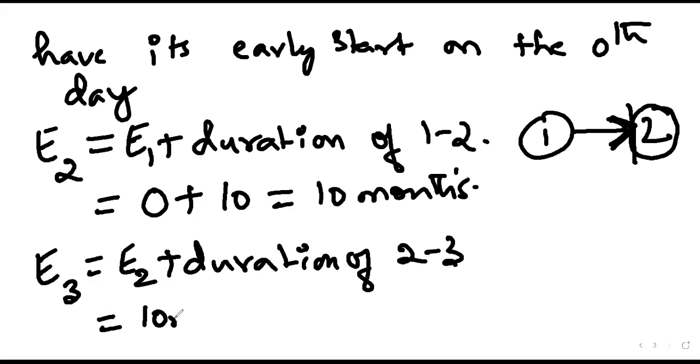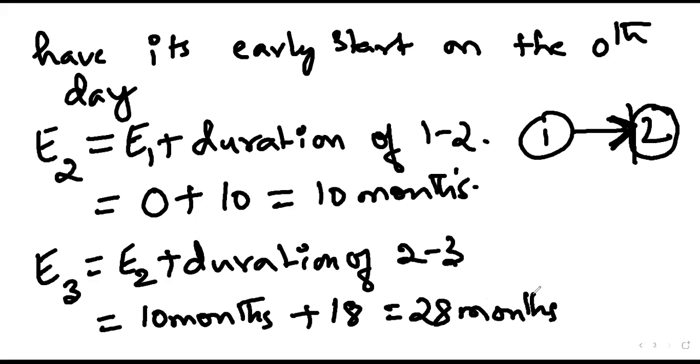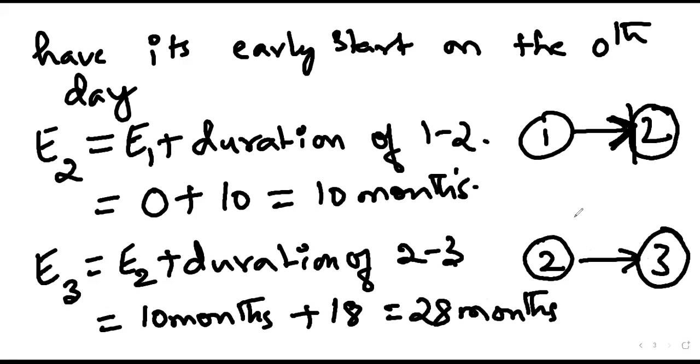E2 we have already calculated as 10 months. And what about the duration of 2-3? 18. So 28 months. The equation is this because this is 2-3. E2 is 10, the duration is 18, and that is the reason E3 is equal to 28. This is how we calculate E.